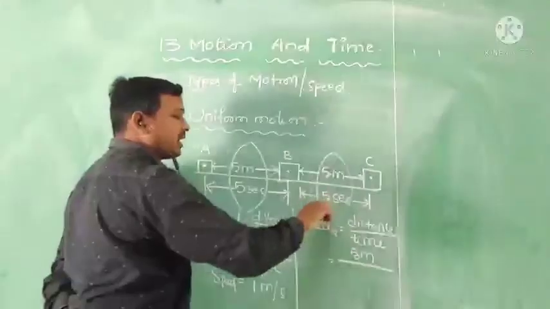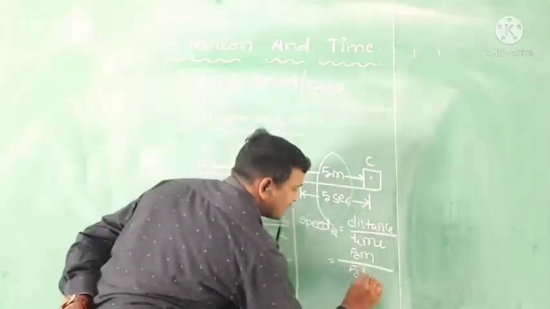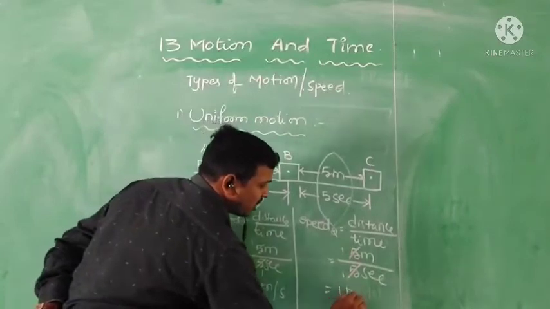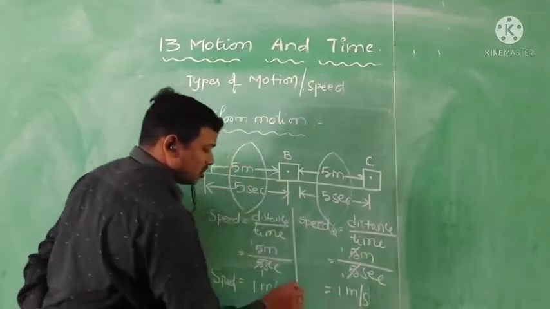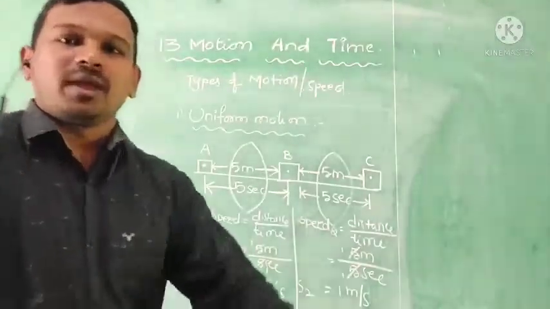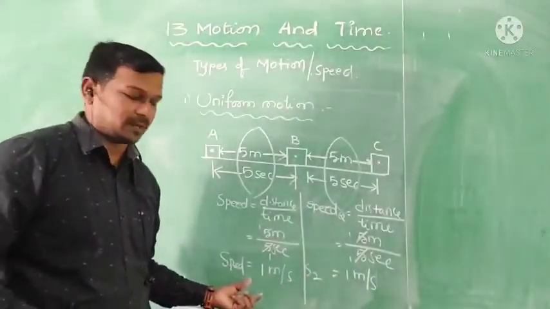What is the time he took to cover this 5 meters? 5 seconds. So 5 get cancelled and we get 1 meter per second. So speed 2, S2, is also 1 meter per second. Speed 1 is also 1 meter per second.